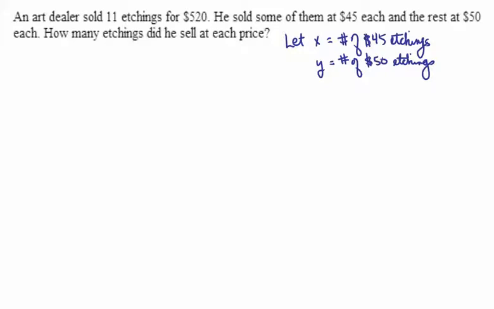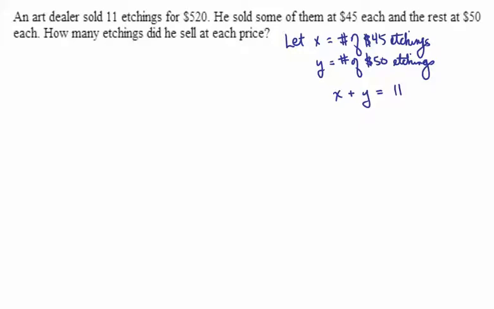We know that there is only a total of 11 etchings that were sold. So when we add the number of $45 etchings and the number of $50 etchings, we should get 11 total etchings.